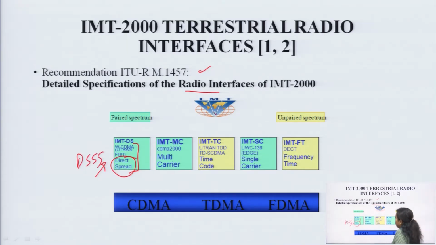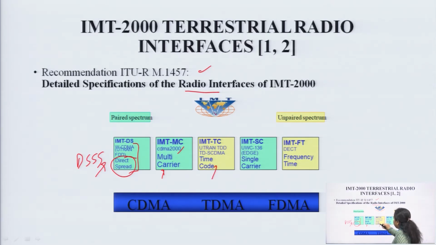Next is IMT-MC. So, it supports CDMA 2000, that is a wideband CDMA technique. It uses multi-carrier operation, means multiple PN sequences are there to modulate the signal.